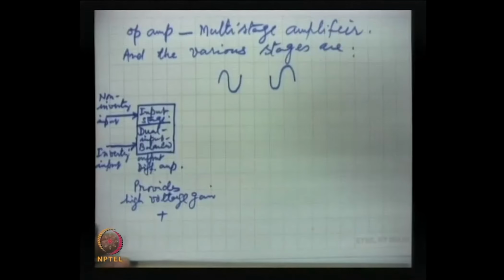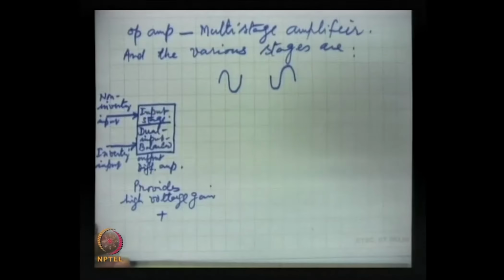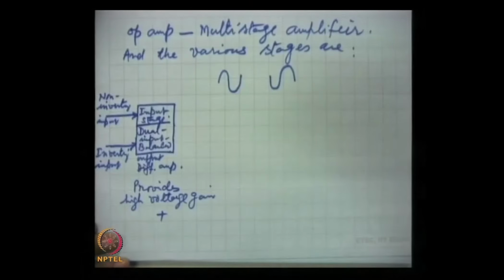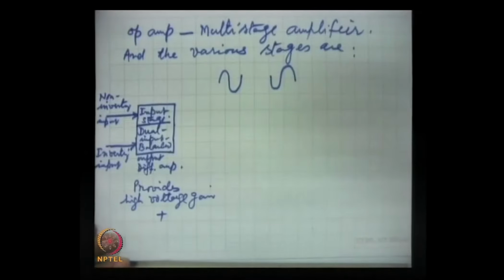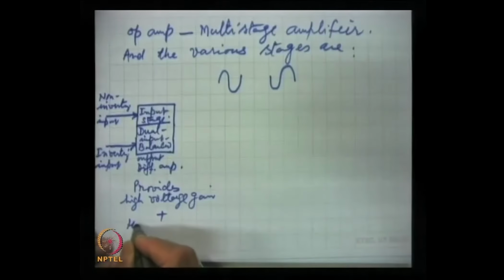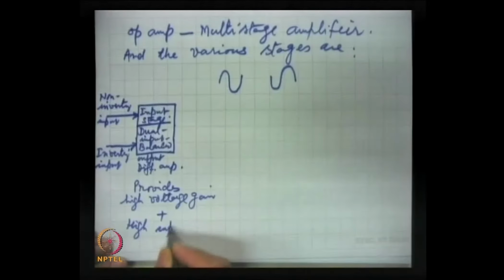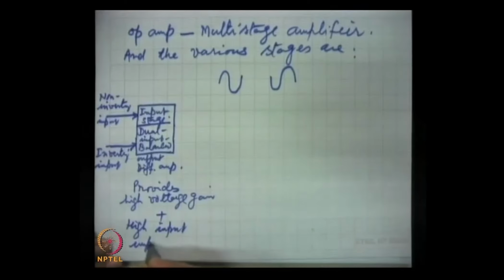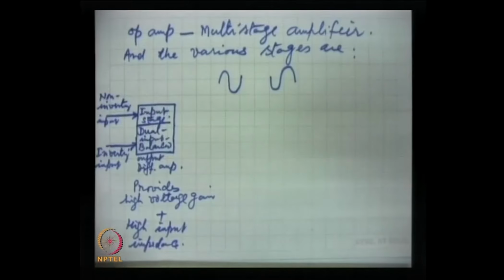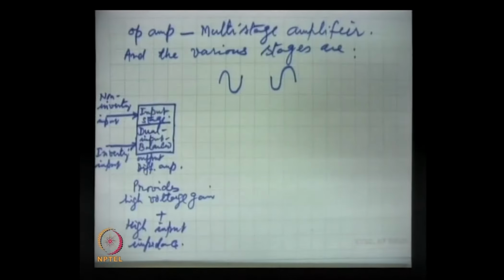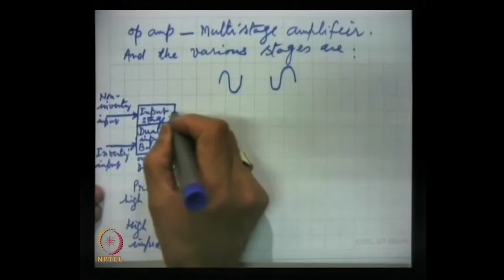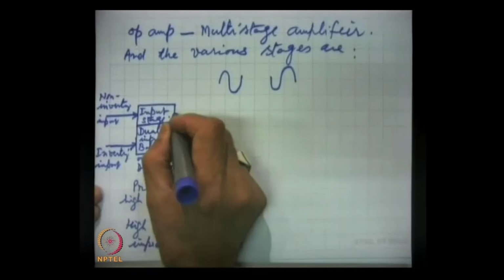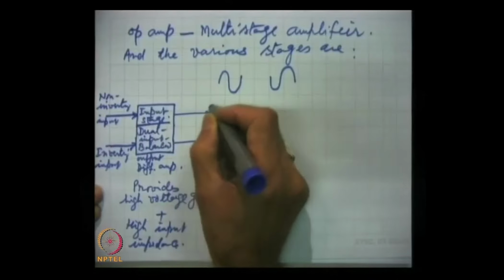And remember that we said that a differential amplifier has a very high input impedance. So, high input impedance. This is the first stage. Then this goes to the other stage, the second stage.